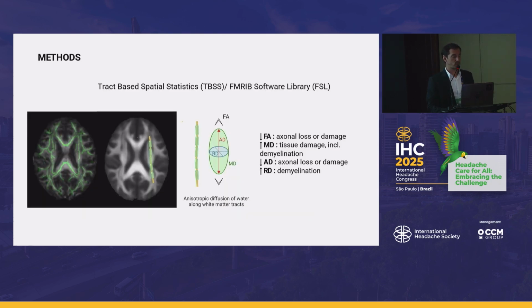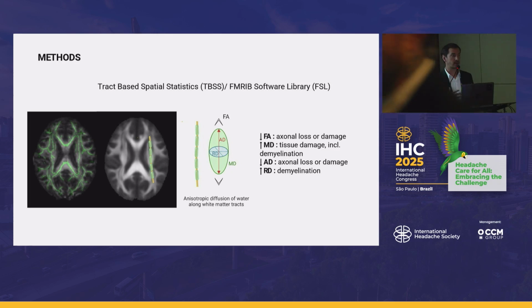For those who are not familiar with DTI, DTI looks at water molecule diffusion. In the brain, water molecules diffuse along the white matter fibers, making the water diffusion anisotropic.